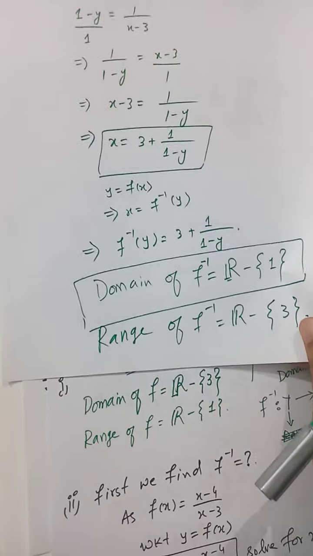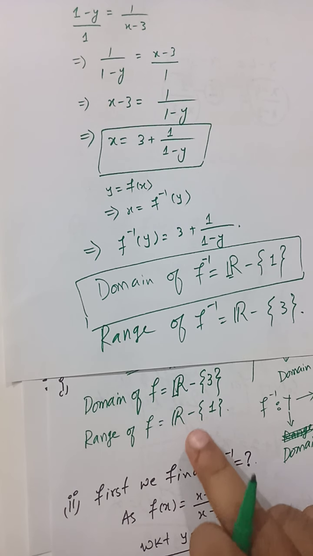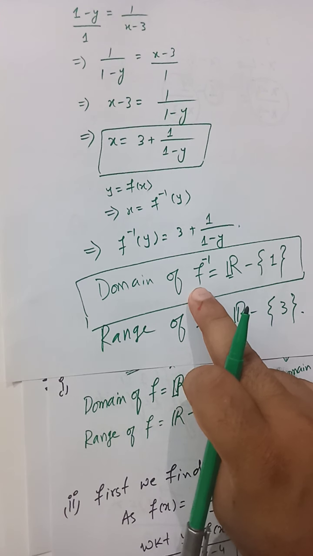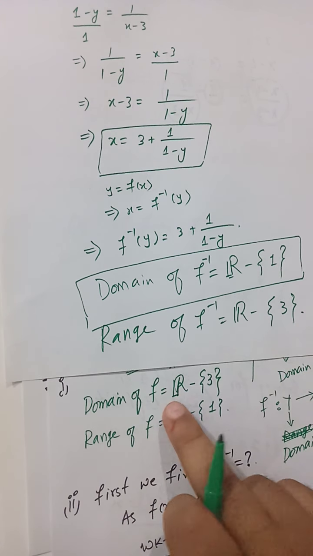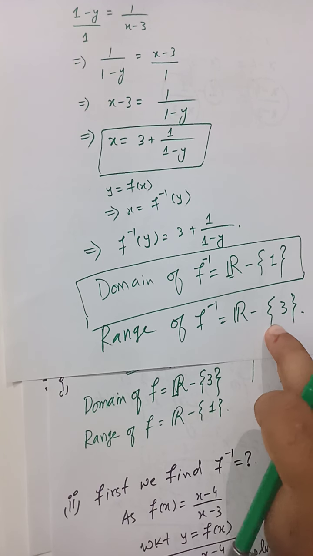So you see, we calculate domain and range. This is the domain of the given function, this is the range of the given function. The range of the present function must be the domain of the inverse function, and the domain of the original function will be the range of the inverse function.